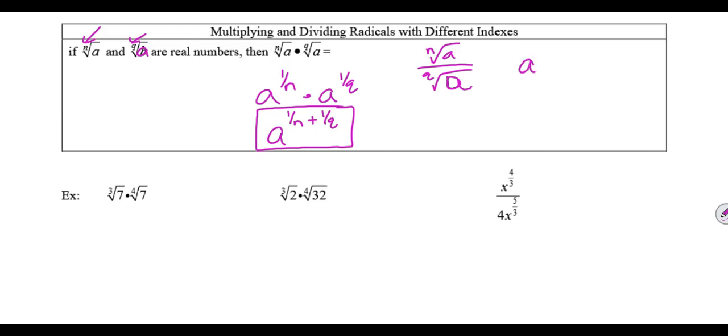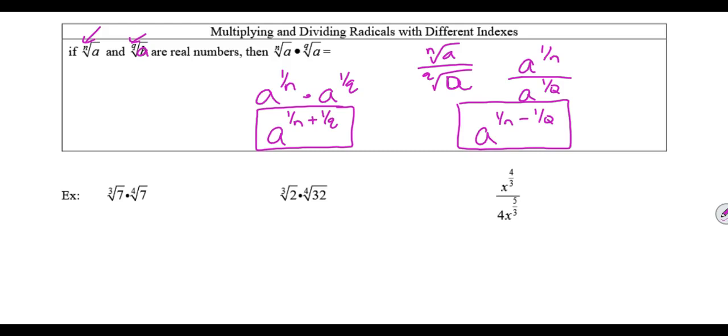So a to the 1 over n divided by a to the 1 over q. Well, I subtract those, so I end up with a to the 1 over n minus 1 over q. So switch the radicals into rational exponents and then apply the exponent rules.